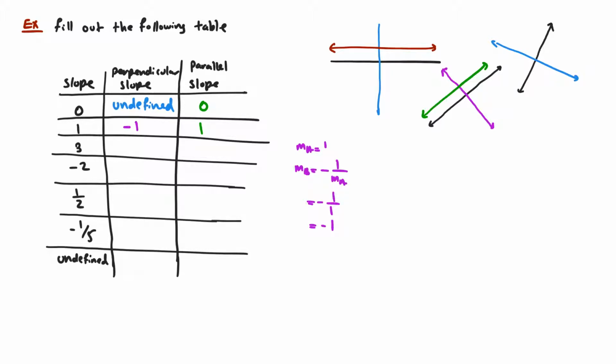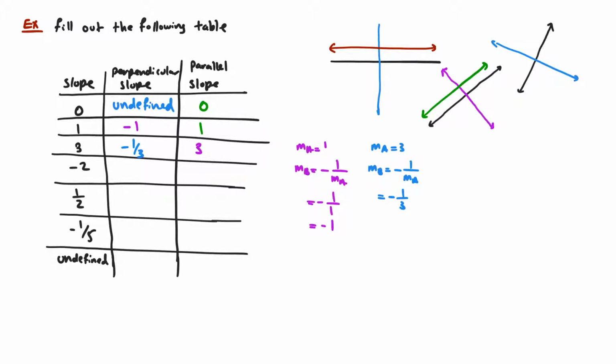So if MA is equal to 3, MB is equal to negative 1 over MA, which is negative 1 over 3. So this slope over here is negative 1 over 3. And if it's parallel, it will have the same slope. So we can just fill that in as 3.